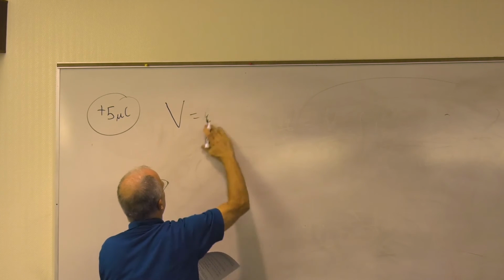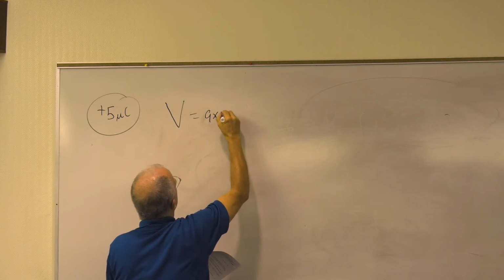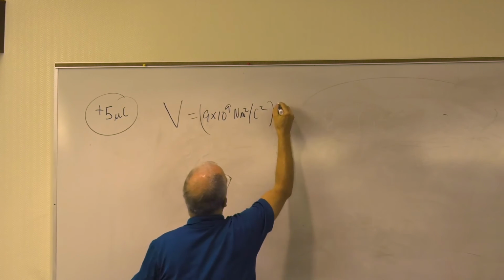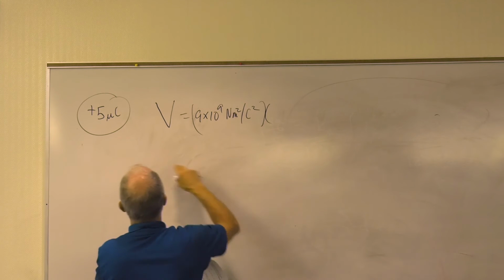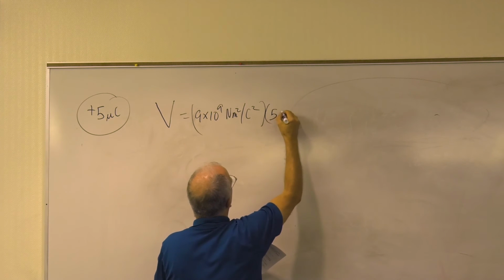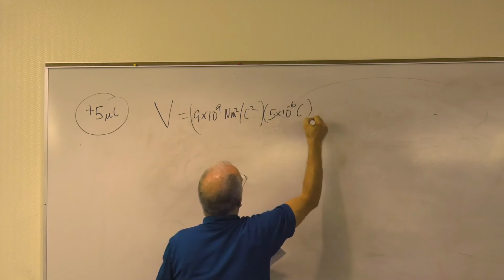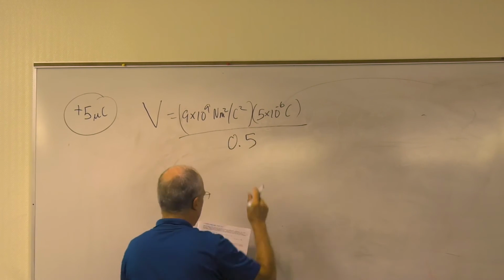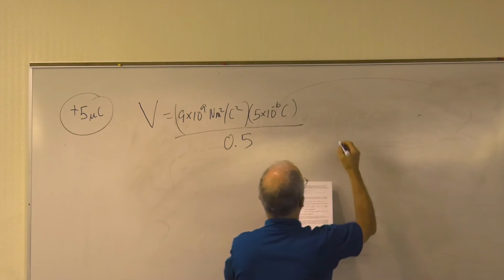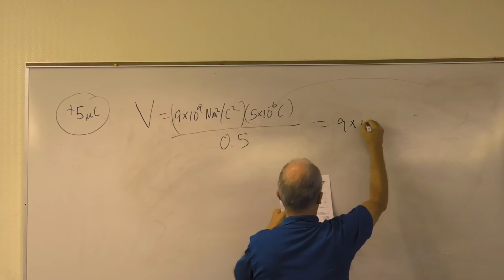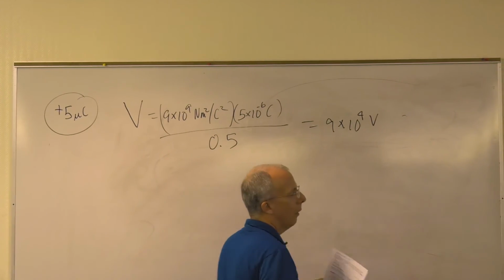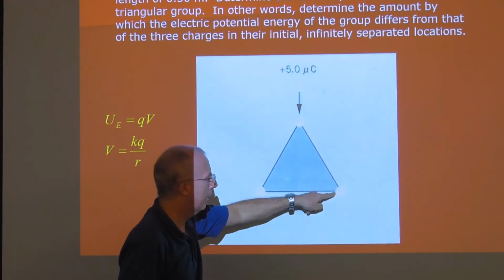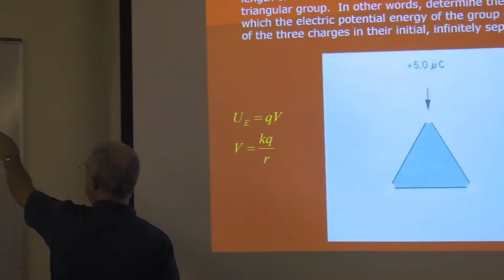Let's just do it: 9 times 10 to the 9th newton meter squared per coulomb squared, the Q is 5 microcoulombs, and the distance is a half a meter. That equals 9 times 10 to the 4th volts. So at this distance, it's 9 times 10 to the 4th volts.